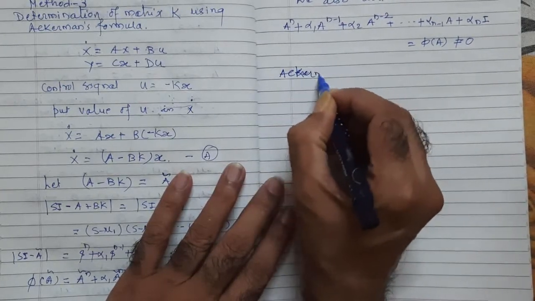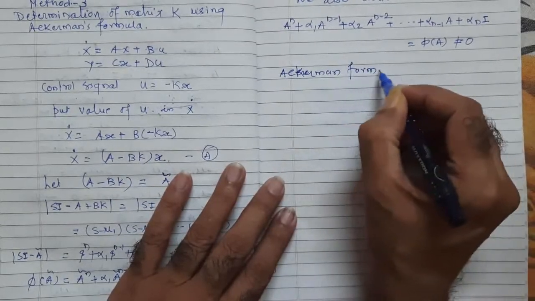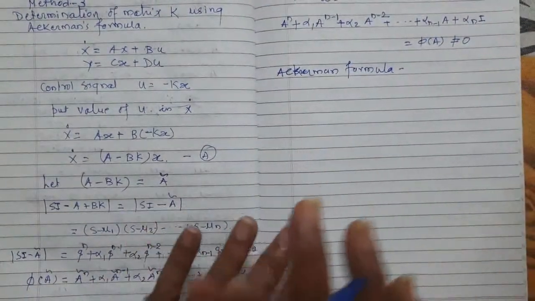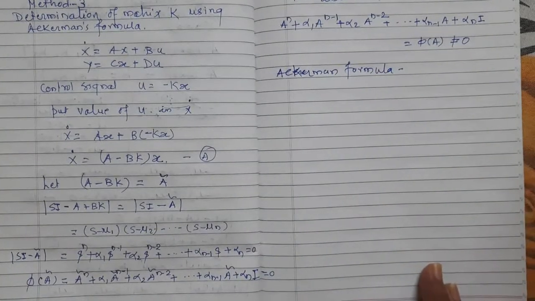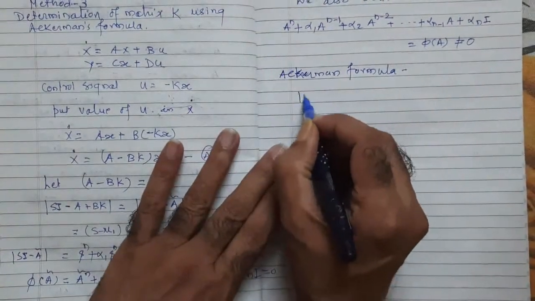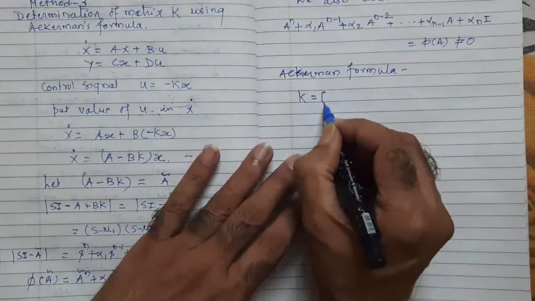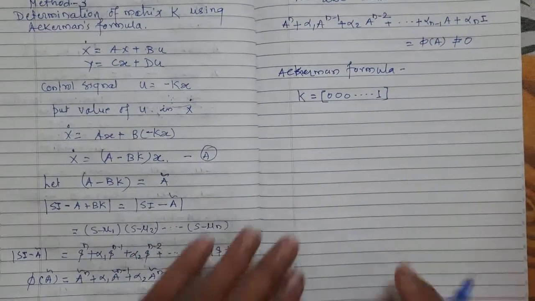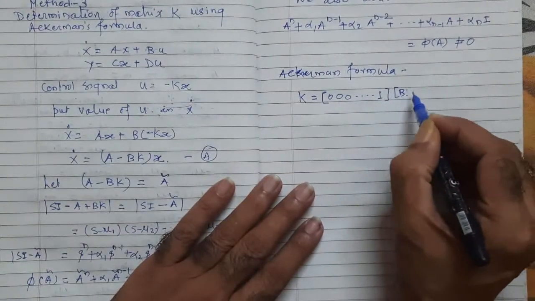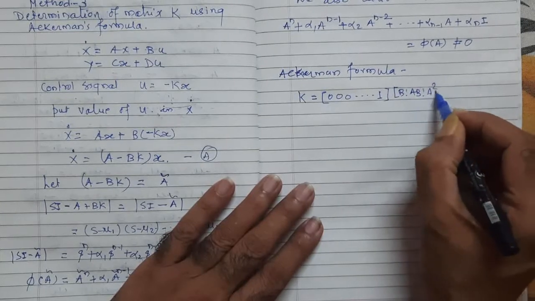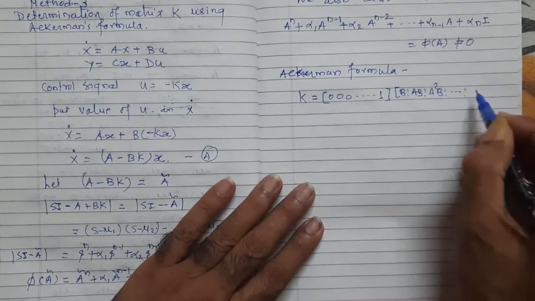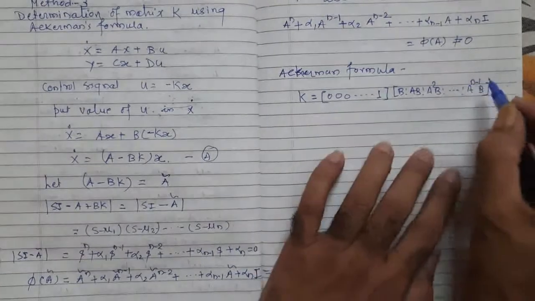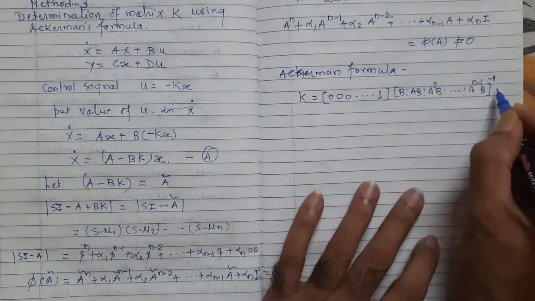There are certain steps in between that I have omitted, and we will directly write down Ackermann's formula to find the feedback gain matrix K. It is equal to 0, 0, 0, then the last term becomes 1, multiplied by B, AB, A squared B, up to A raised to n minus 1 into B, inverse of this, multiplied by phi A.